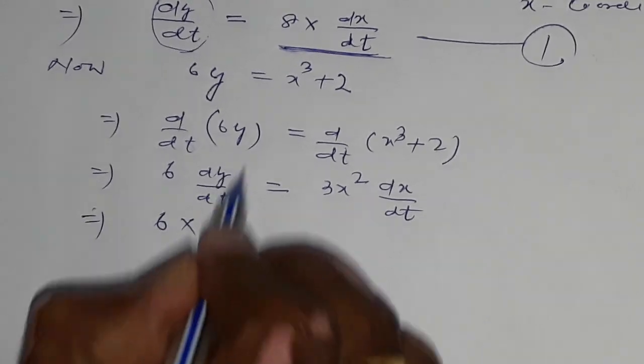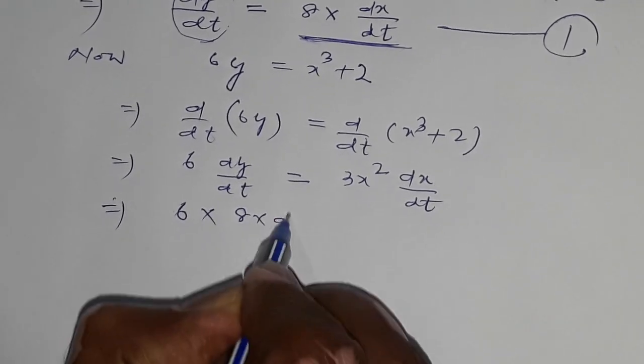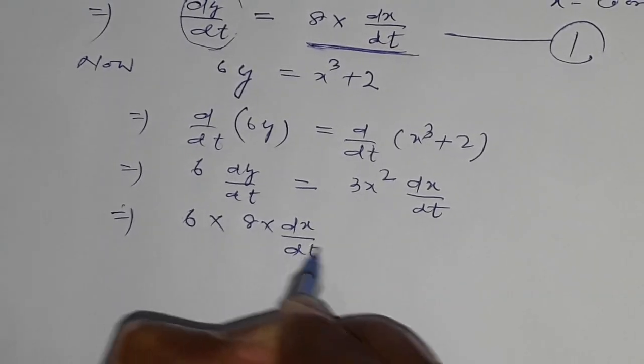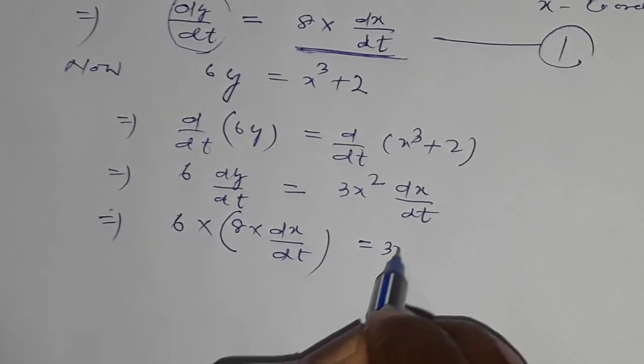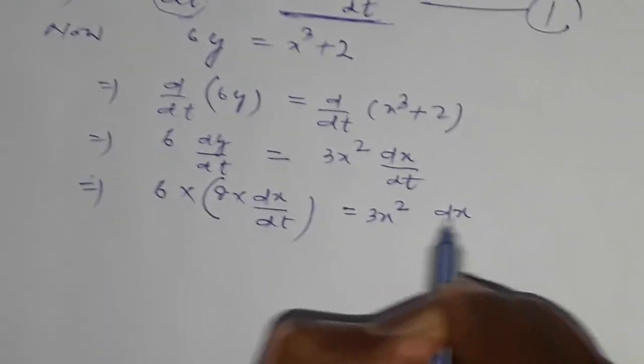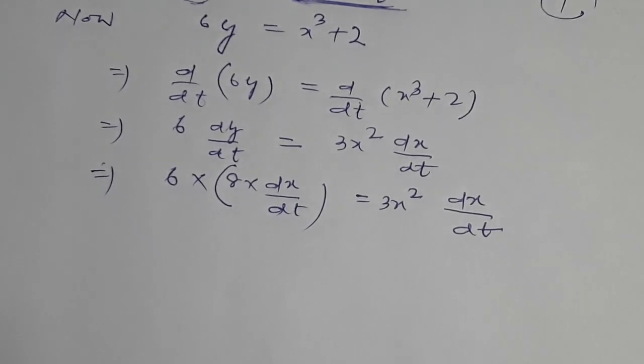So dy by dt equals 8 into dx by dt, which gives 6 into 8 dx by dt equals 3x square dx by dt.